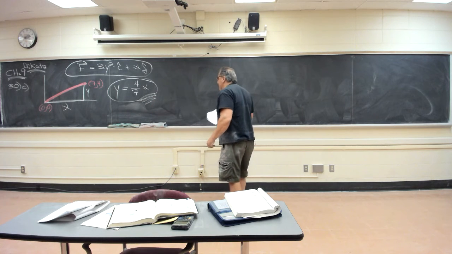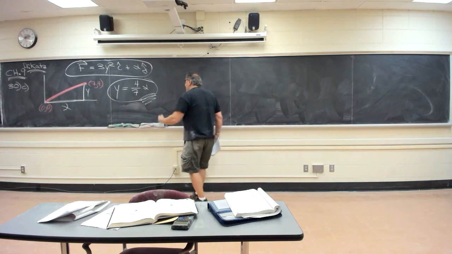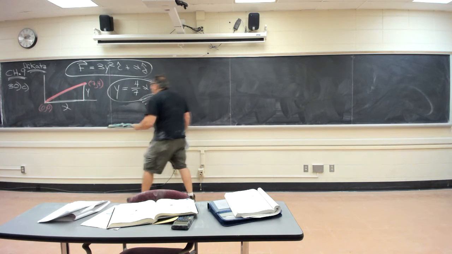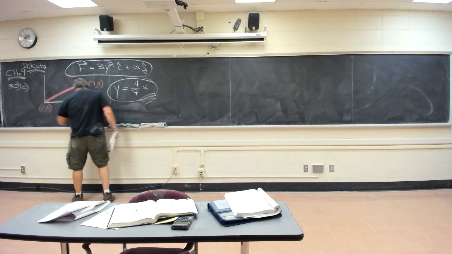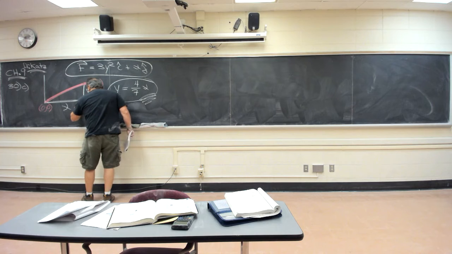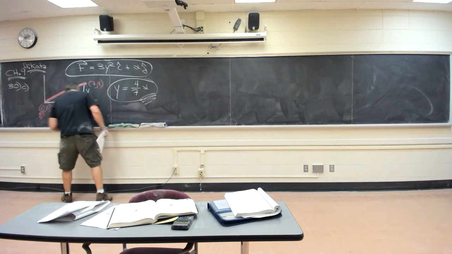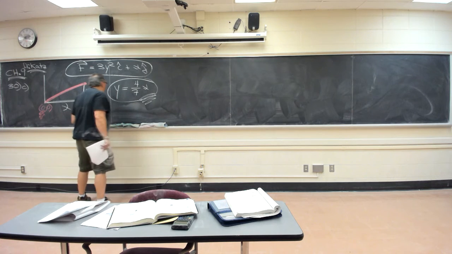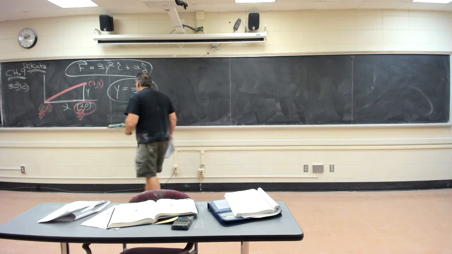If that's the case, I'm going along that path. I'm going from x equals 0 to x equals 7. I know it's 7, 4 up here, but I'm going from 0 to 7 and then climbing up 4. I'm going to follow this path.